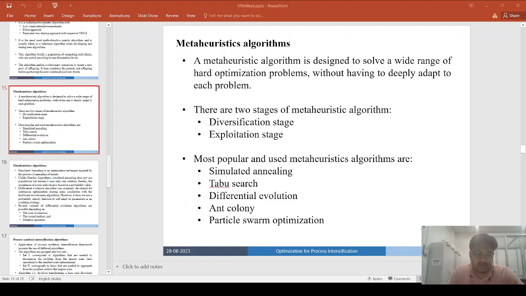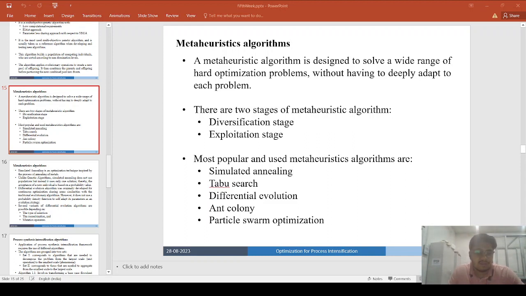So taboo search will go on decreasing, but it will not allow you to search in another direction, to prevent you from falling into a local optimum. You keep searching among your variables for the optimal solution for the different objective functions, but only in one direction, and that direction is not reversible, to avoid falling into a local optimum.